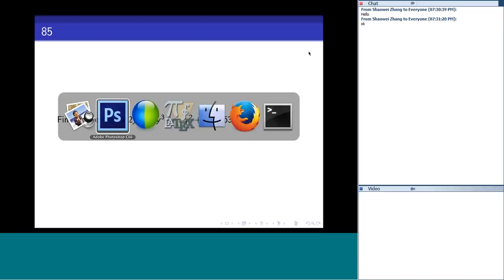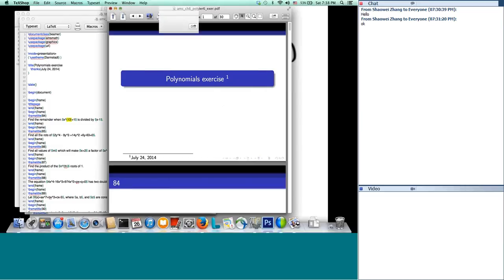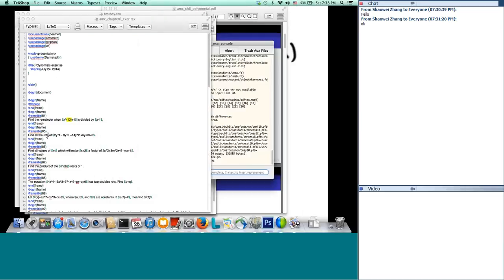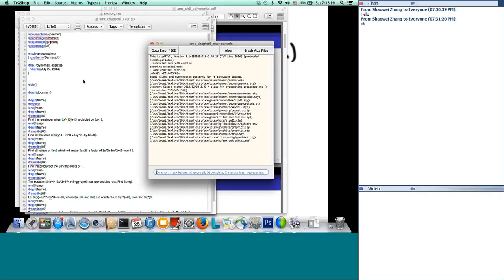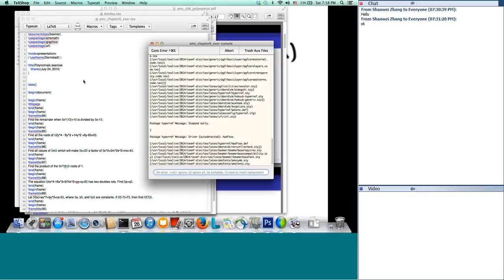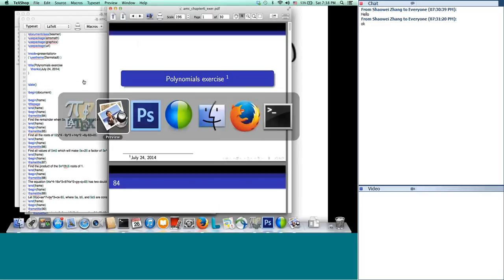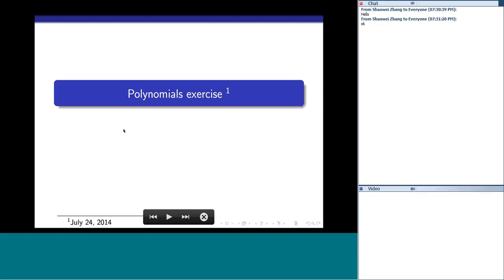I have the root 3. Root. I have 3, negative 3/2, and then 3 plus or minus square root 19 times i over 2.